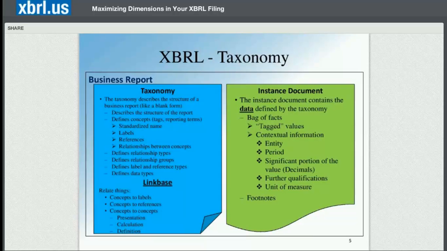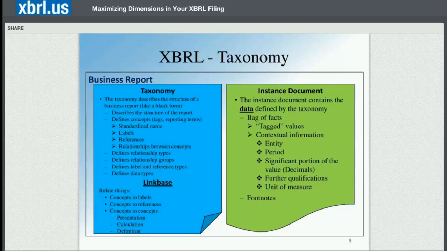If we just think of those two components, you can see the taxonomy is broken down into two parts. There is the schema. That is where you actually define the concepts that are available. When you extend an element, you're actually creating that in your own schema, whereas when you use a US GAAP element, either from FASB.org or SEC.gov, from the standard taxonomy, you're actually referring to the repository where that taxonomy is out on the web.